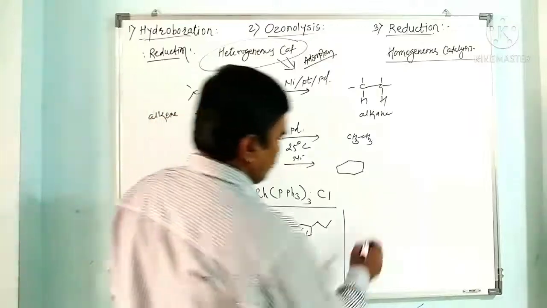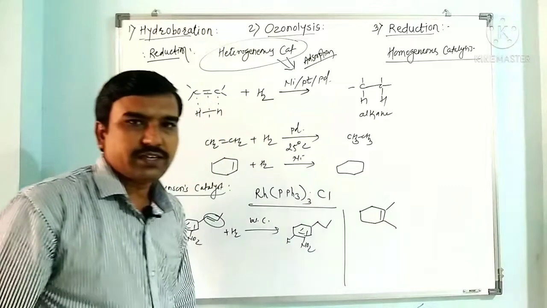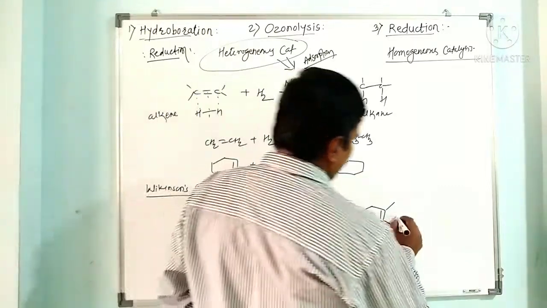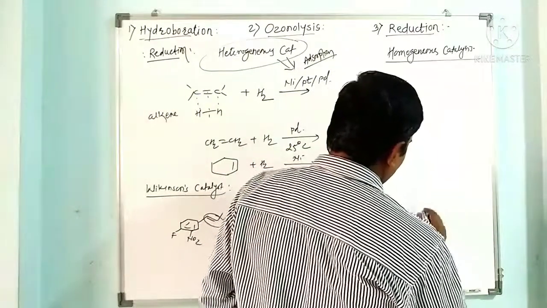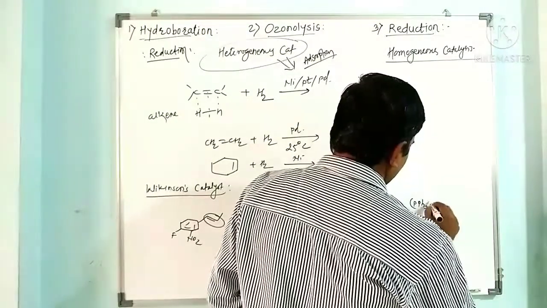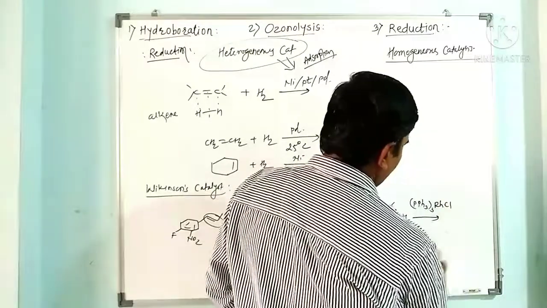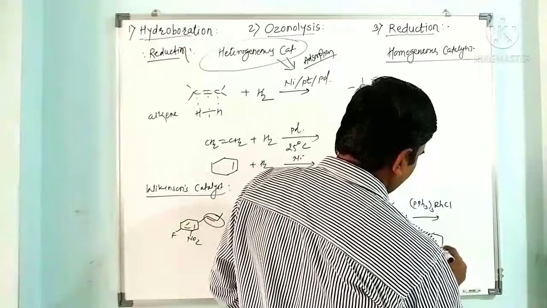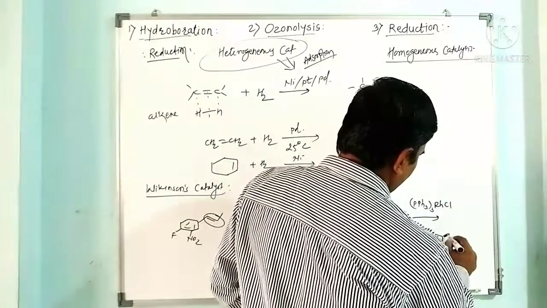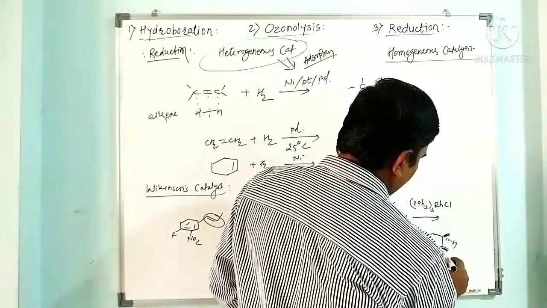When we have an example of compounds such as 1,2-dimethylcyclohexene, it undergoes hydrogenation in presence of this catalyst, PPh3 thrice rhodium chloride, and we get the product in which both the methyls are on the same side and the hydrogens are on the same side.